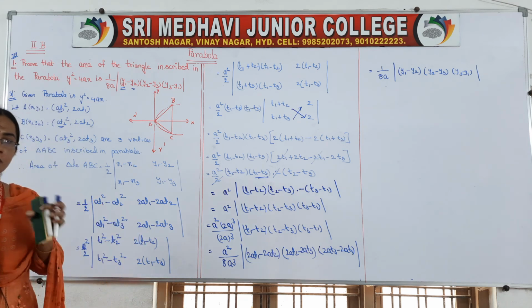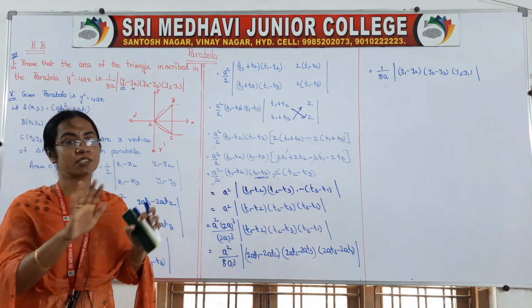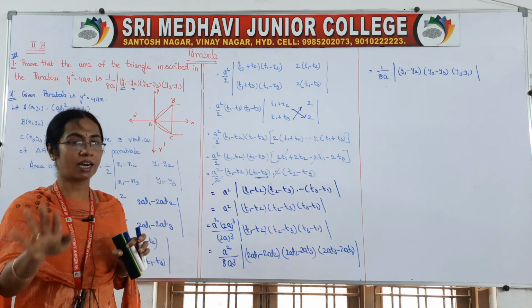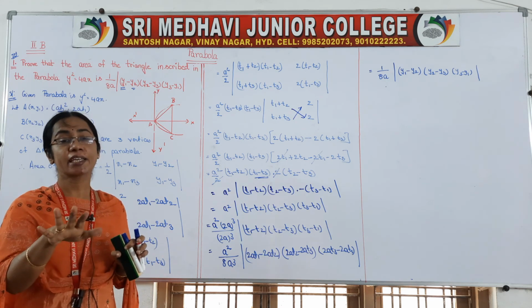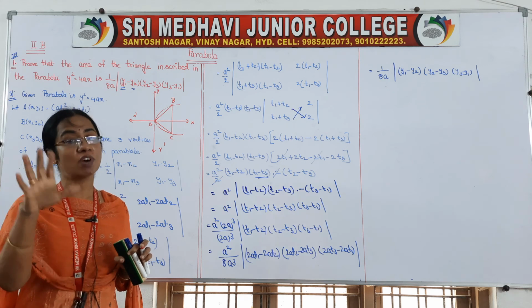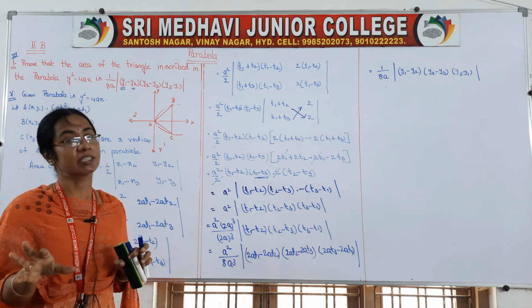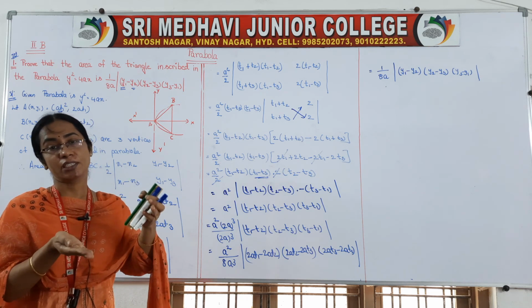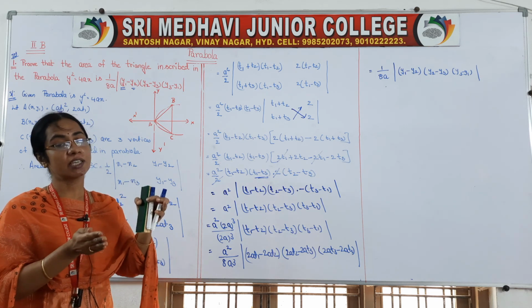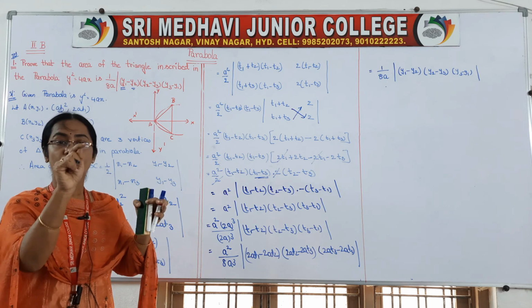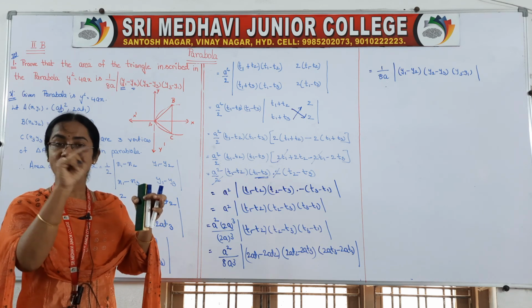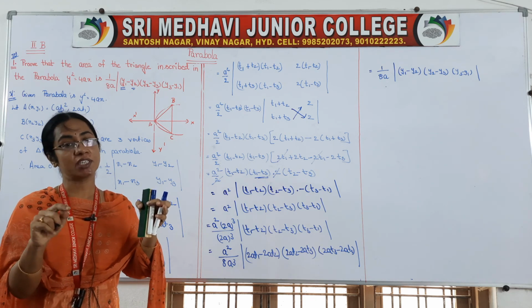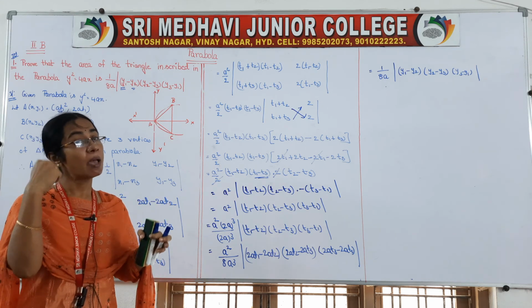So one thing is here, one triangle is inscribed inside the parabola. We have to find the area of the triangle, but it should be in terms of y's. You should remember like this. So you take the points. A triangle inscribed inside the parabola means the vertices of the triangle, the points A, B, C, are the 3 vertices. These A, B, C lie on the parabola.